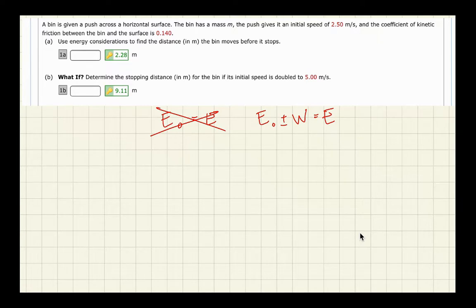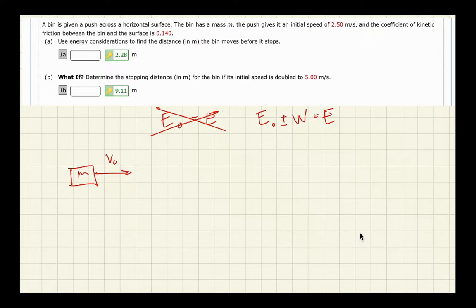So here we have a bin pushed across a horizontal surface. It's given an initial speed, and there's a coefficient of friction here. So use energy considerations to find the distance it moves before it stops. So in this case, we start off in my initial with a moving bin, V naught.